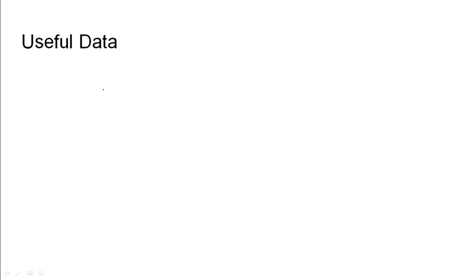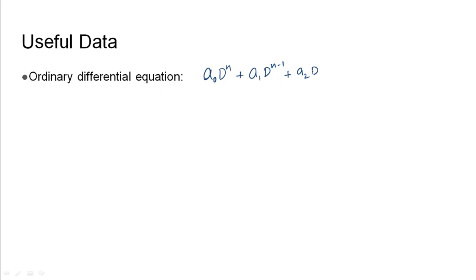Coming to the useful data, if we are given an ordinary differential equation of the format a0 D^n plus a1 D^(n-1) plus a2 D^(n-2) and so on till an, times y equals 0, where D is nothing but d over dx.